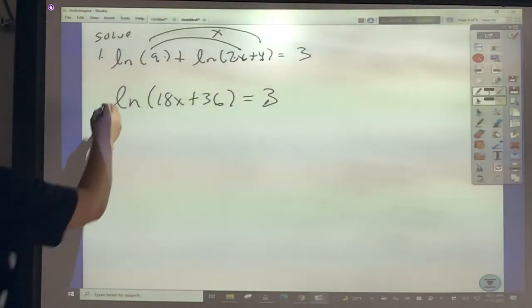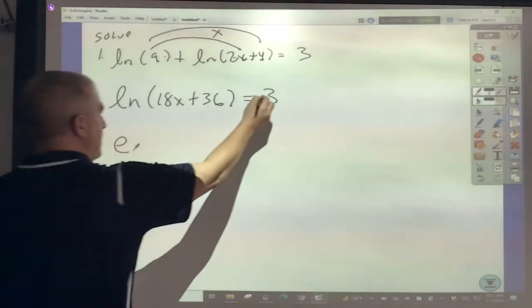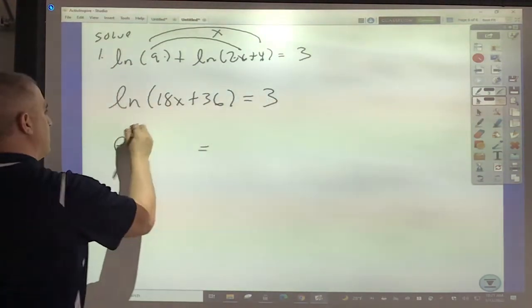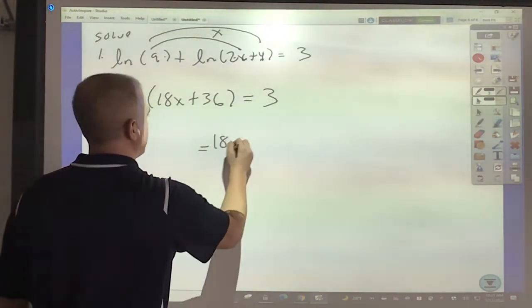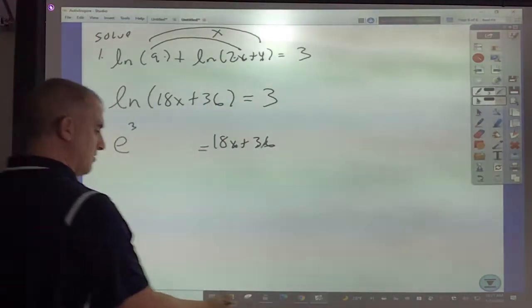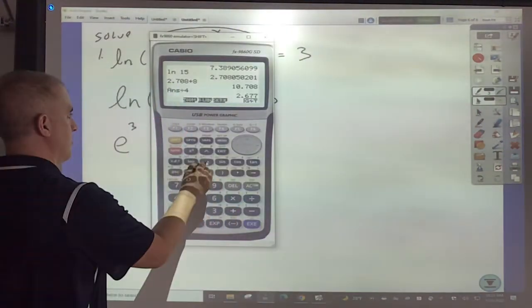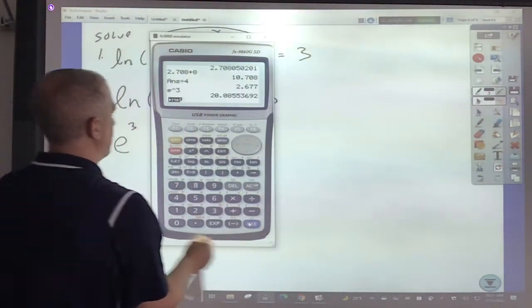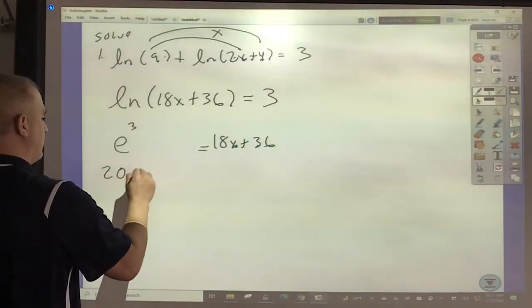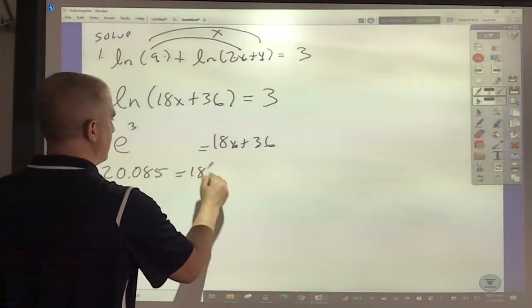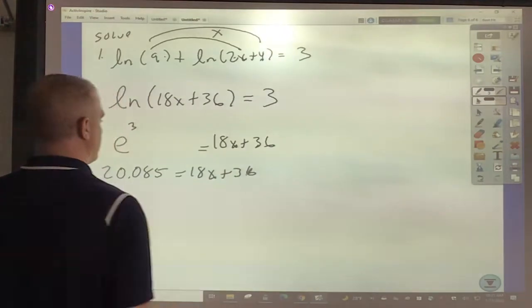Now this is natural log, so that's going to convert to e. That 3 is going to come over, and that 18x plus 36 is over here. So I'm going to do a calculation of e to the third. That's 20.085 equals 18x plus 36. In this case, it's very easy.